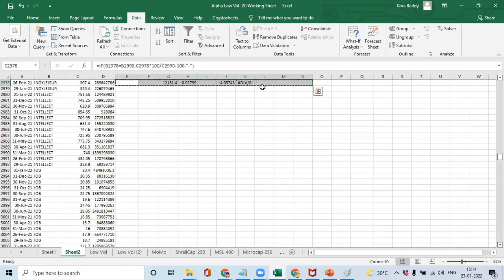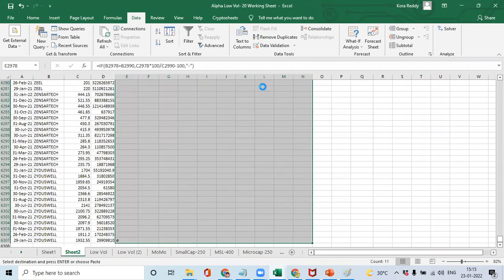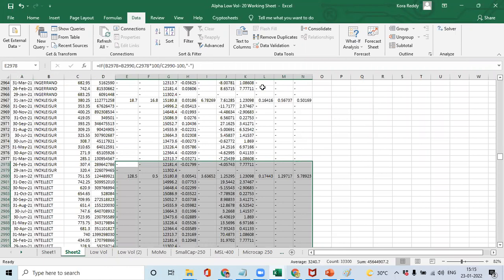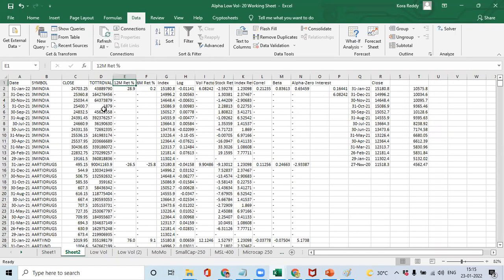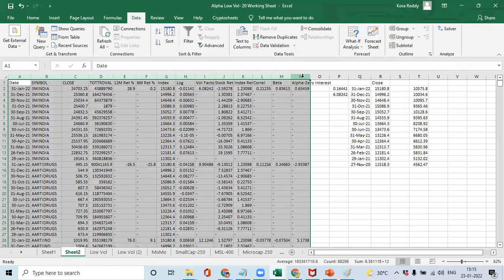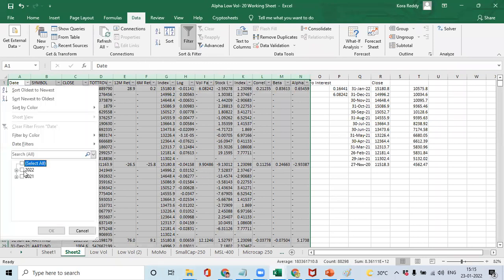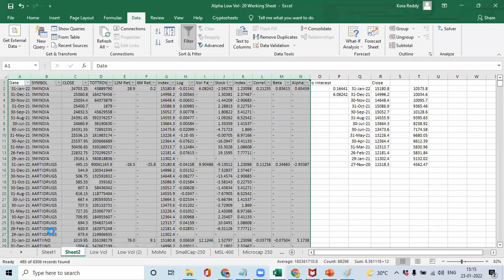Just copy it. I've considered risk-free rate at 0 because it just makes things simple. And it is the current values.